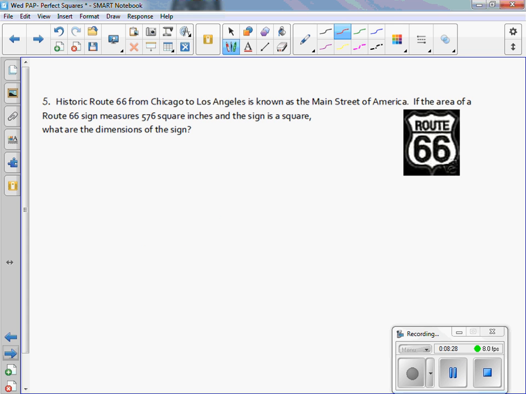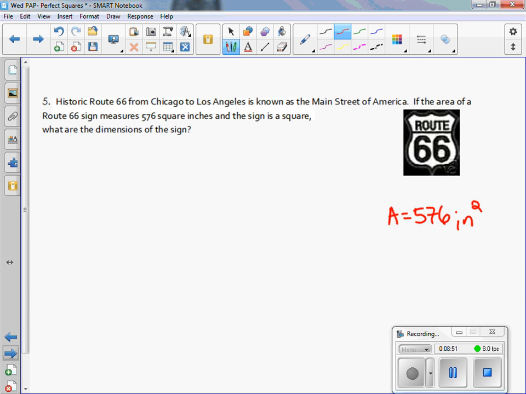Historic Route 66 from Chicago to Los Angeles is known as the Main Street of America. If the area of the Route 66 sign measures 576 square inches, we want to know what are the dimensions of the sign.